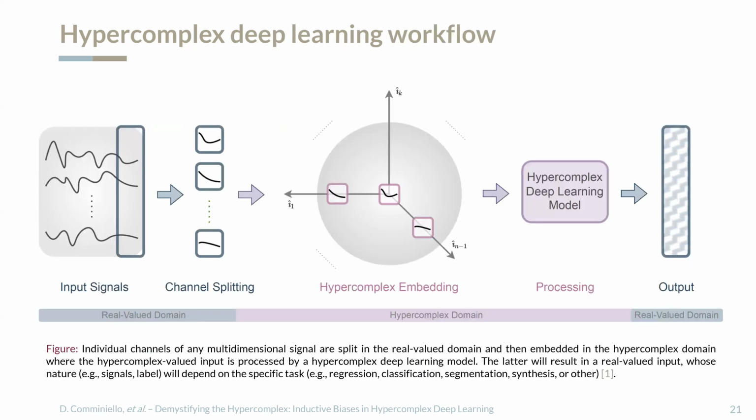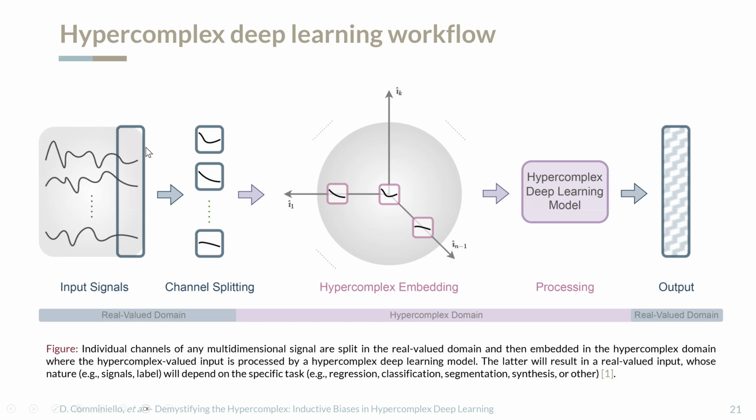So this is a kind of workflow of hypercomplex deep learning. We may start with input signals, any kind of data that we have in the real domain. So we are in the real domain, and we can have multiple signals that come from a multi-sensor system or any kind of multidimensional data.